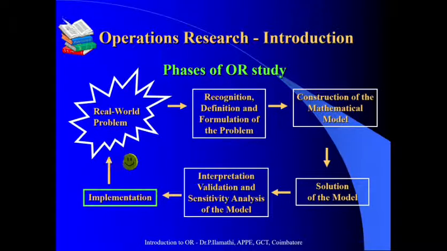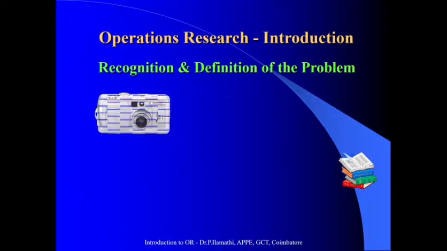And in the sixth phase, we have to implement it after doing all these things. So it closes the entire loop. These are all the phases of OR study. And in our operations research technique syllabus, what we are going to discuss is, we will be given the second phase, that is, the formulation problem in verbal statement will be given.